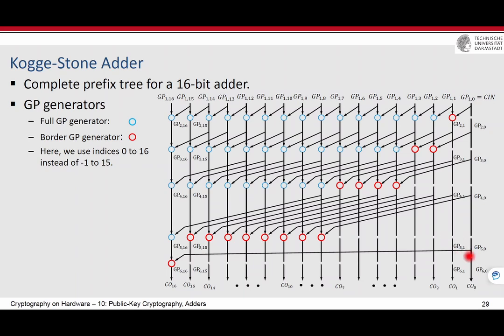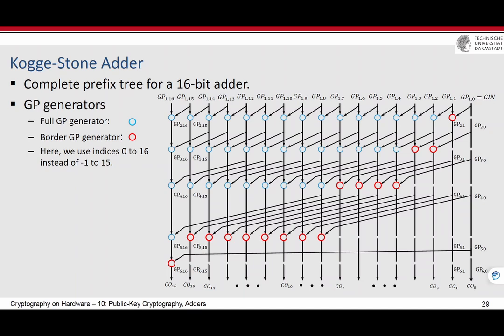One strange thing that you see here is that there is one extra layer, and the reason is the carry in, meaning that we consider the carry in also as another input, and then instead of 16 GPs, we have 17 GPs, and then we have 1 extra layer for that. This is one of the differences.